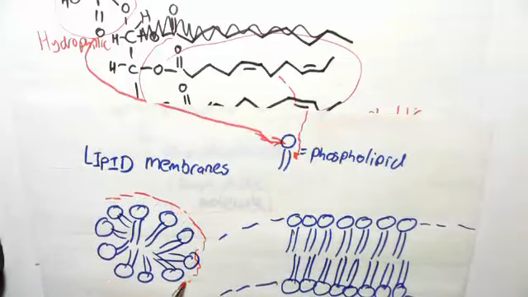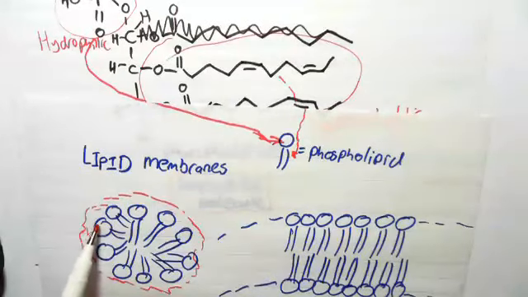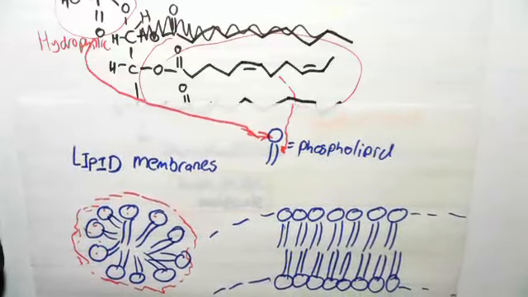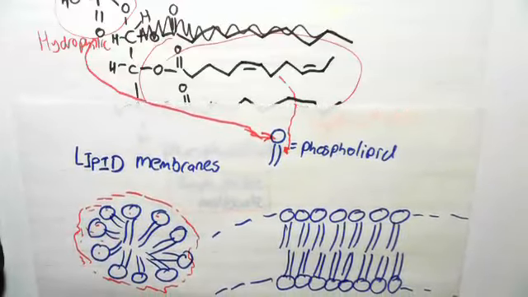This is all water, being very close and energetically being favored to be in contact with the phosphorus heads here, etc. However, the fatty acid tails, which are hydrophobic, are energetically favored to be out of contact with water, so they gather together on the inside.